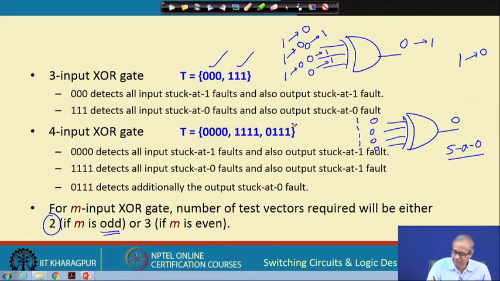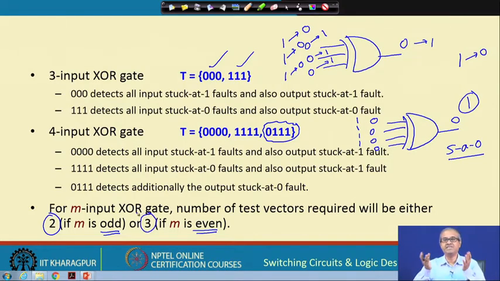For that, you have to add another test vector, any test vector with an odd number of 1s, which will make the output 1, that can detect a stuck at 0 fault in the output. So, for an XOR gate, if the number of inputs is even, you need 3 test vectors. These examples illustrate that in the process of test generation, the number of test vectors can be drastically reduced. Even for a 4 input XOR gate or a 100 input XOR gate, you need only 2 or 3 test vectors. These are some very simple examples to illustrate.